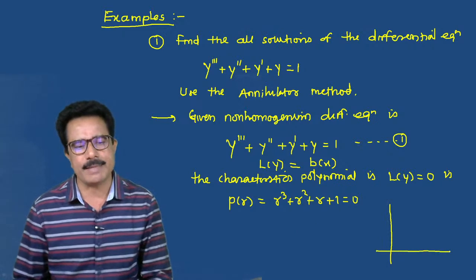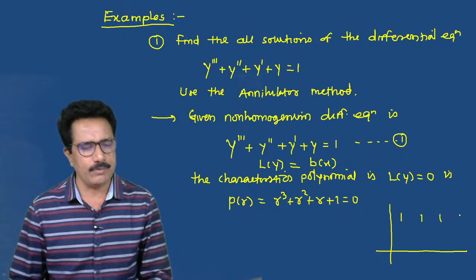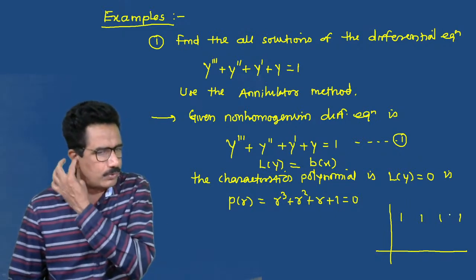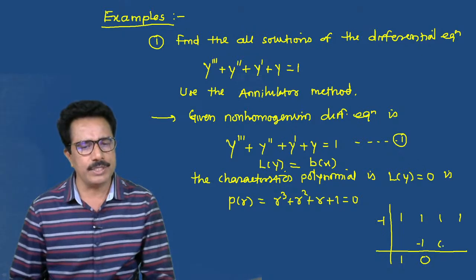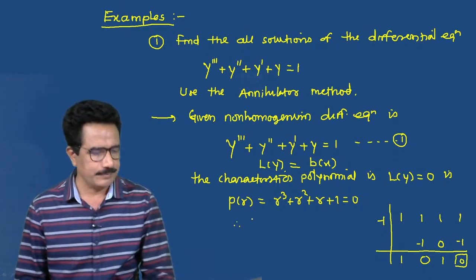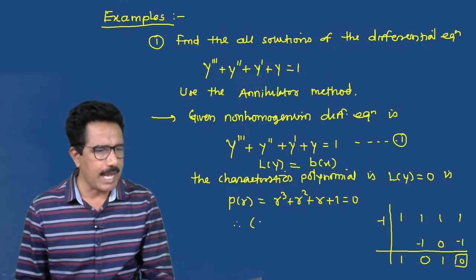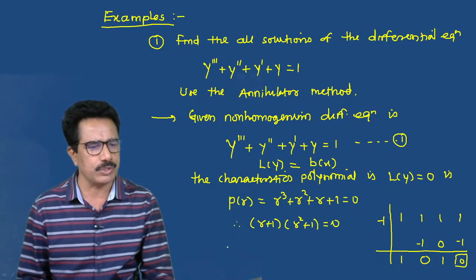Tell me the roots of this, we saw it earlier. Tell me the roots. 1 1 1 1. So its roots are, suppose this is a divisor, -1 1 -1 0, again 0 1 -1, so that is a 0. So the roots are: r plus 1 into r square plus 1 equals 0.